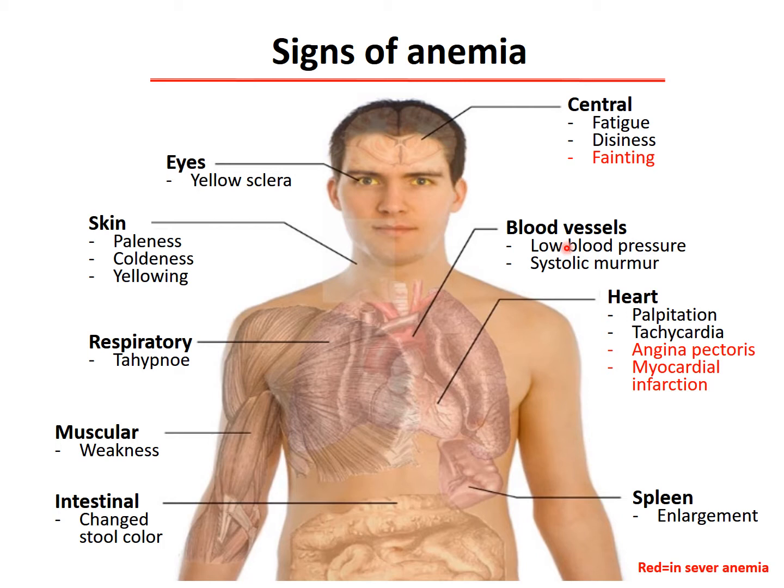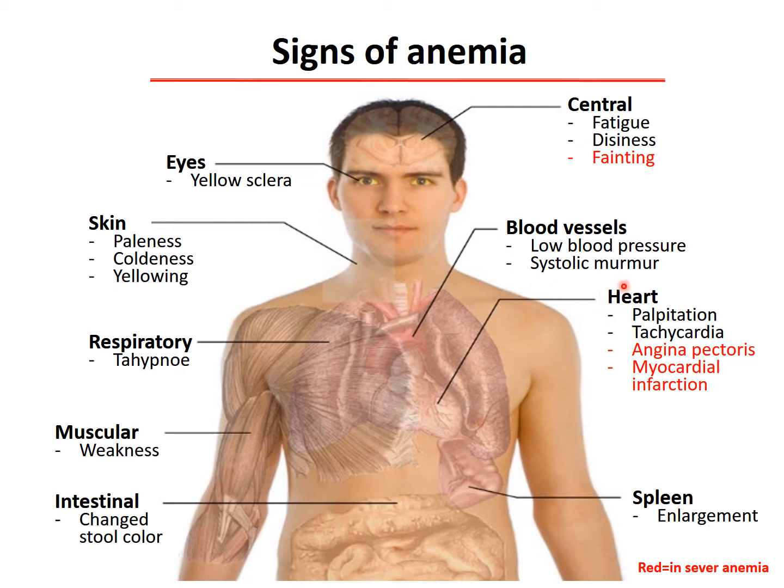Blood vessels: because we have less circulating red blood cells, we have less peripheral resistance. This is why it is mostly accompanied by a lower blood pressure. However, because tachycardia occurs, the velocity of the blood increases, and this is why you can hear a systolic murmur, for example, in the carotid area. That can be another sign.